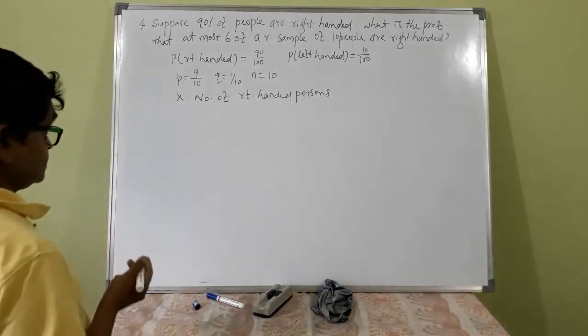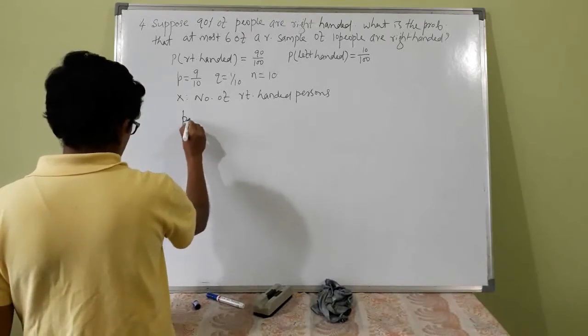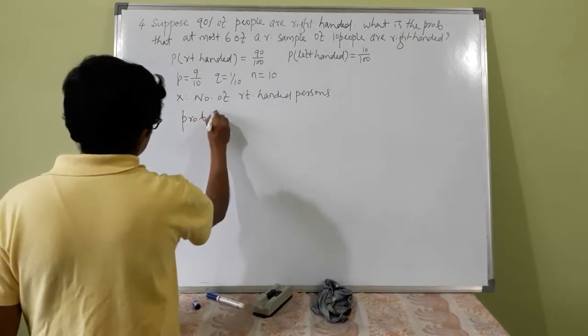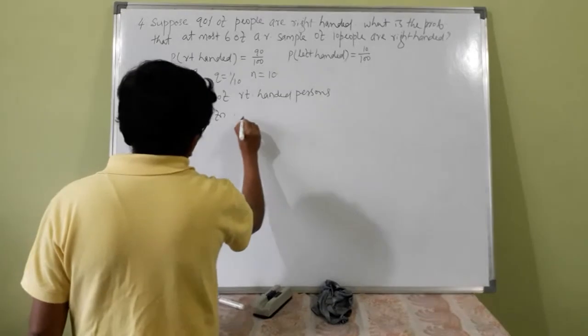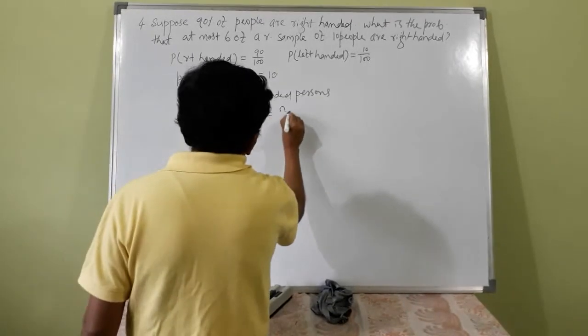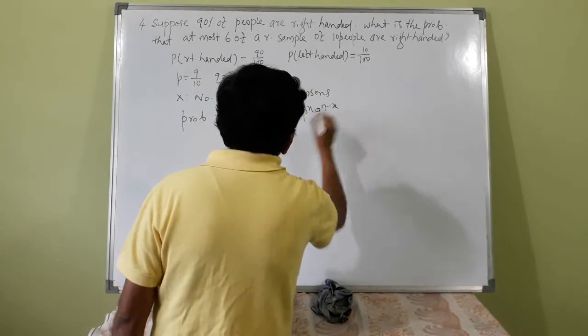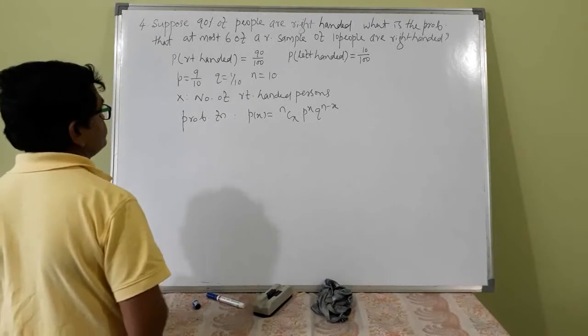So X may be 0 to 10. The probability function is P(x) is equal to nCx p raised to x q raised to n minus x.